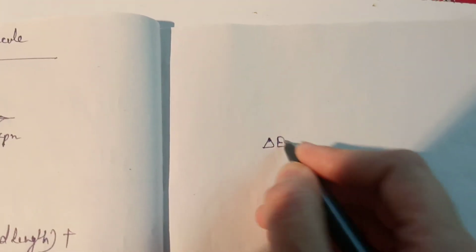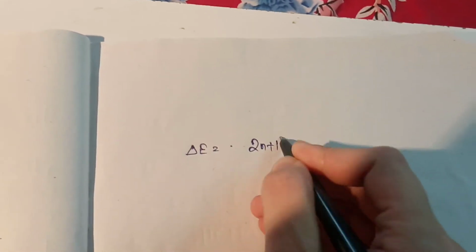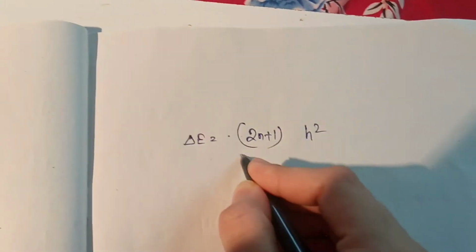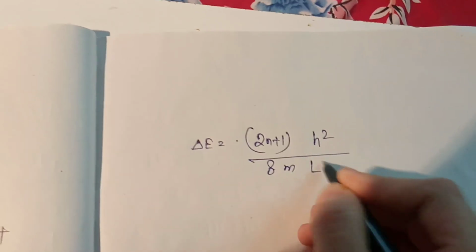So we have seen the formula of delta E. Delta E is actually (2n plus 1) into h square divided by 8 m L square.